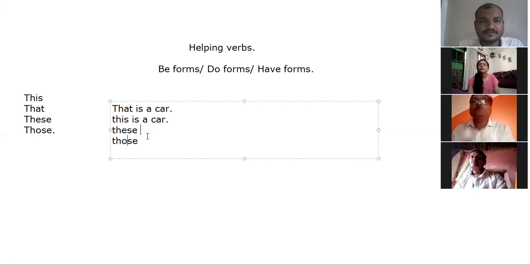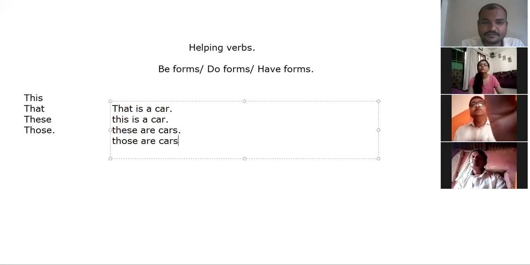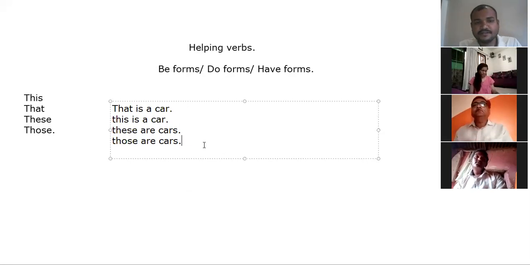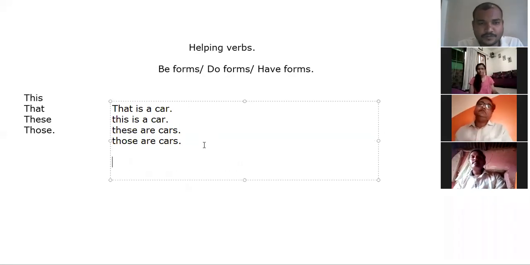Change it, change by using these. These are cars. Very good. Right? So Gopal ji. Those are cars. Very good. Right? Great. So now, one more example.